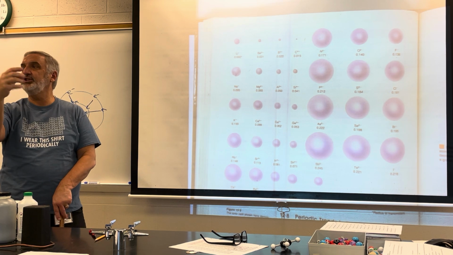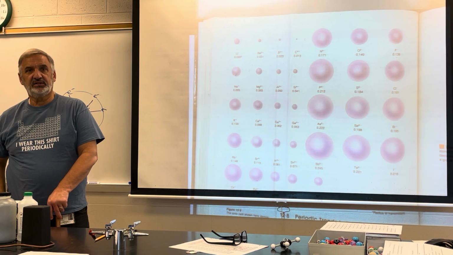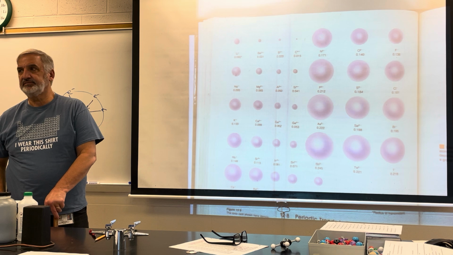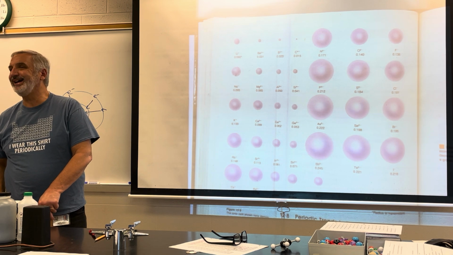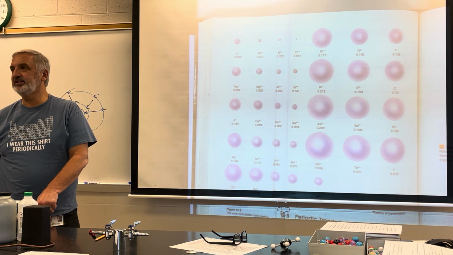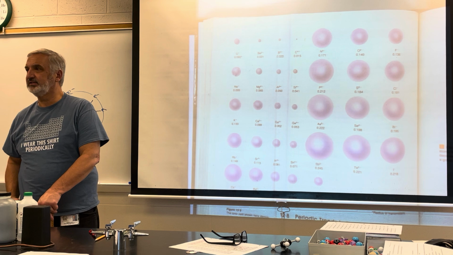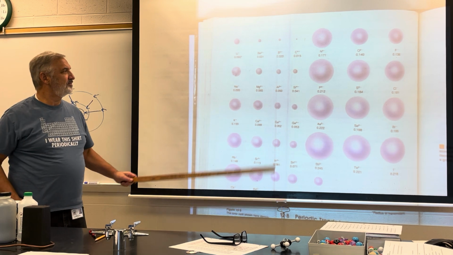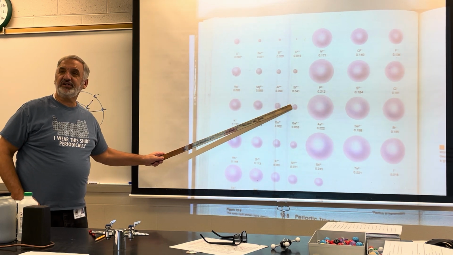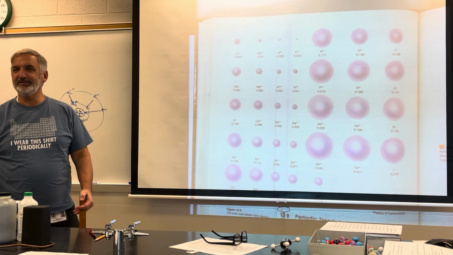Anions are gaining to the valence shell. Metals get oxidized, non-metals get reduced. LEO goes GER. Loss of electrons is oxidation, gain of electrons is reduction. All right? So there's our trends for both atoms and ions.